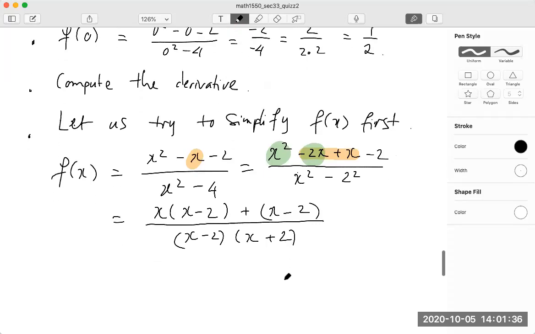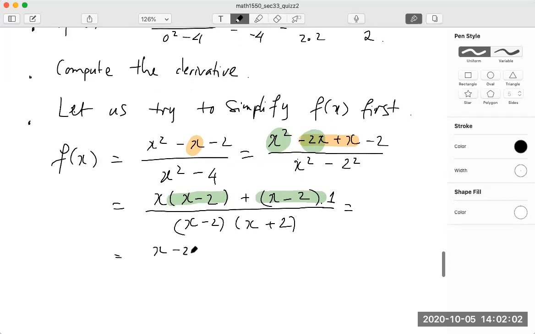So now, again, the numerator. Can we factor it and make it the product of two things? Very good. X minus 2 is the common factor. And you can imagine that there's a number 1 right here. Therefore, if we factor x minus 2 out, what do we have in these parentheses? X plus 1. Yes.